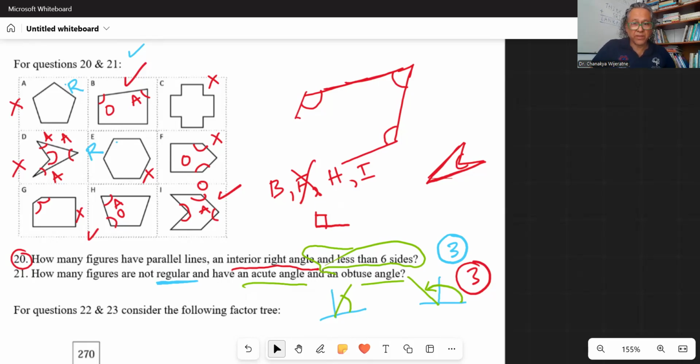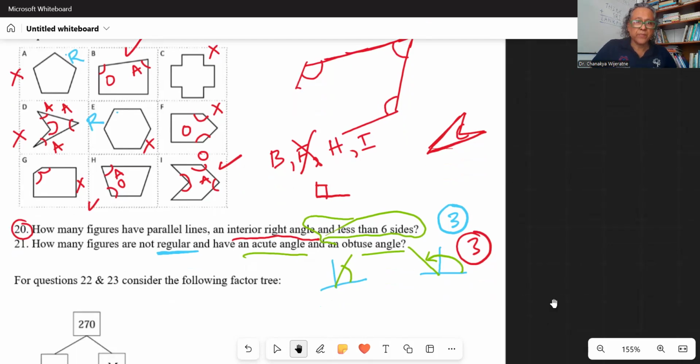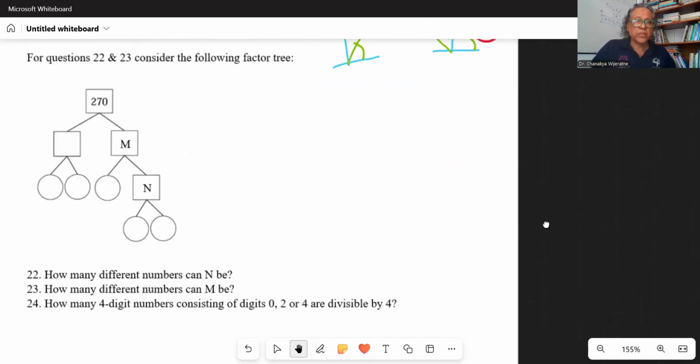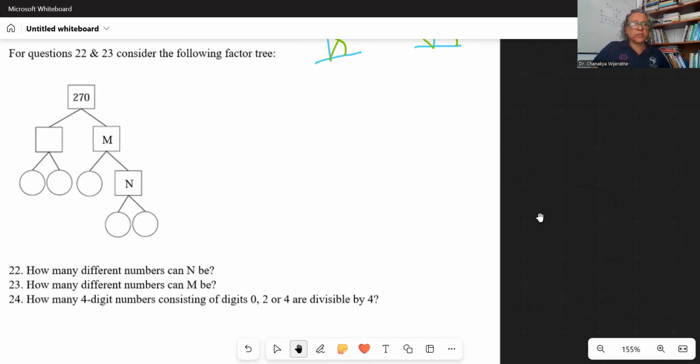Sorry, not 3, 23, right? All right. For questions 22 and 23, consider the following factor tree. You know factor trees, right? This is actually used to factor a given number into primes.